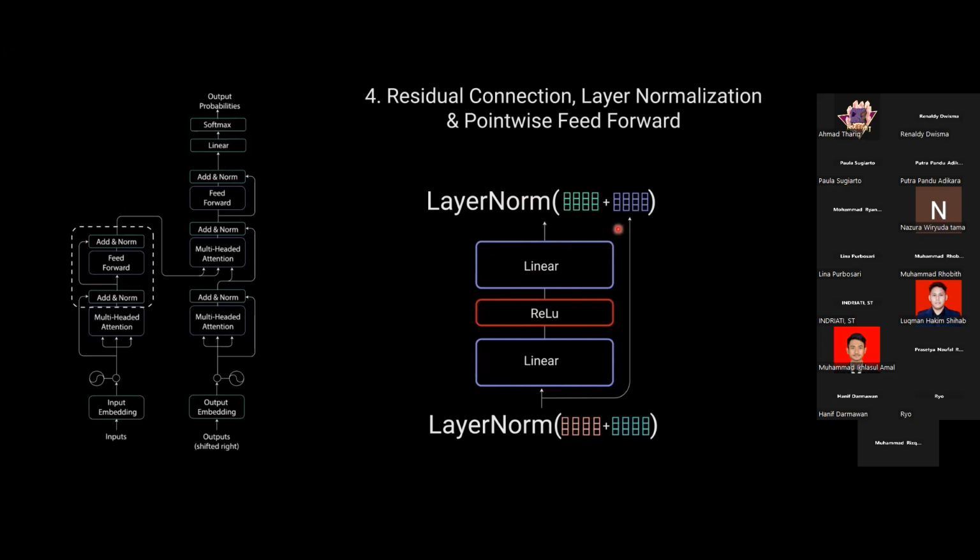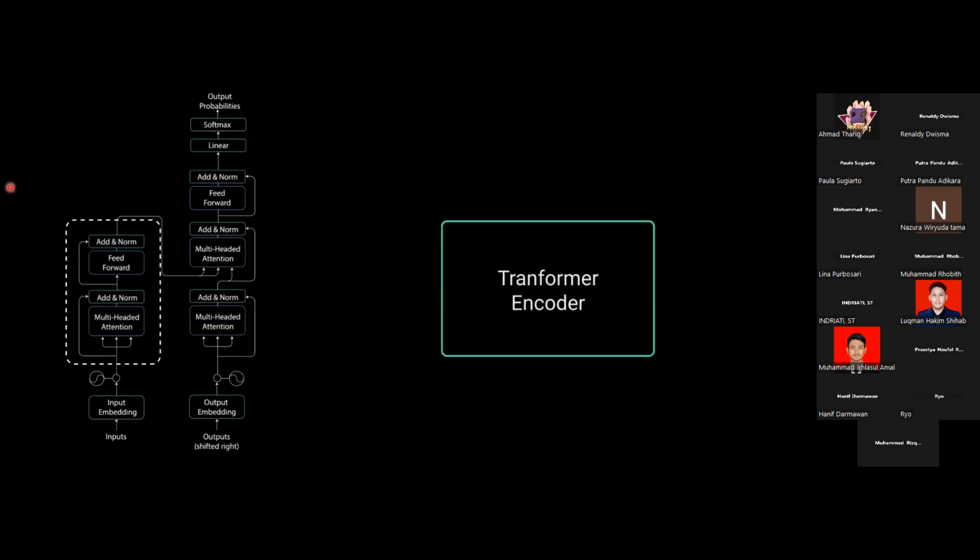Just like before, we also include a residual connection to facilitate the flow of gradients. So now we are here. We've now covered the MHA and the FC components.